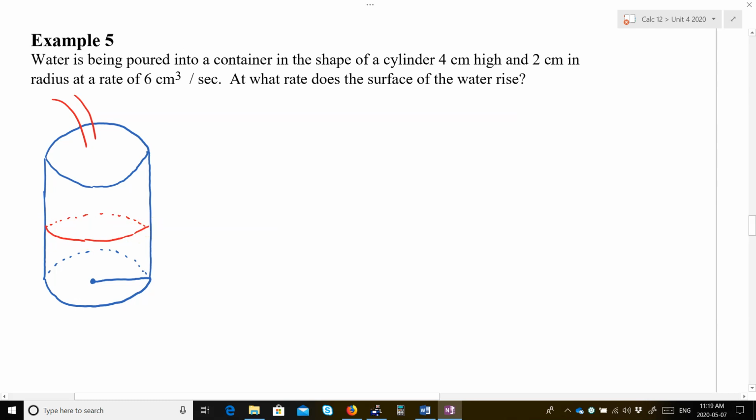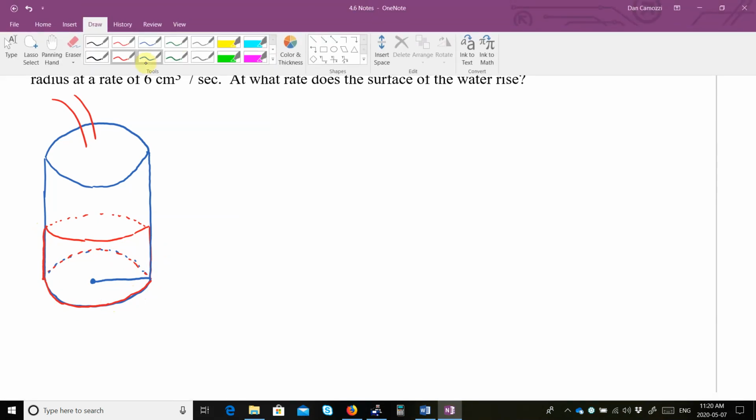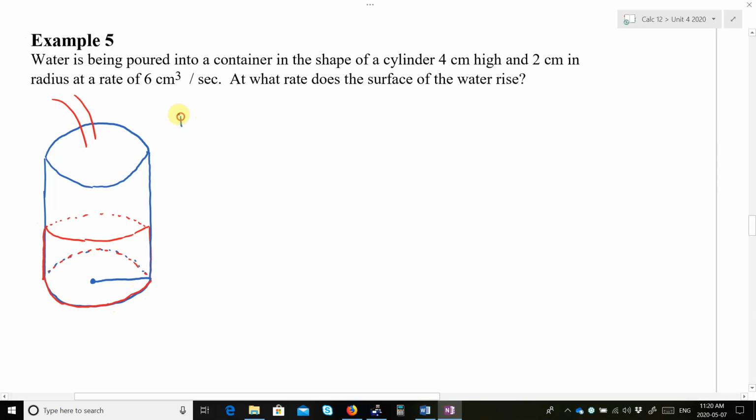Some nice red water. Okay, and let's write down our process. Find, when, and given.